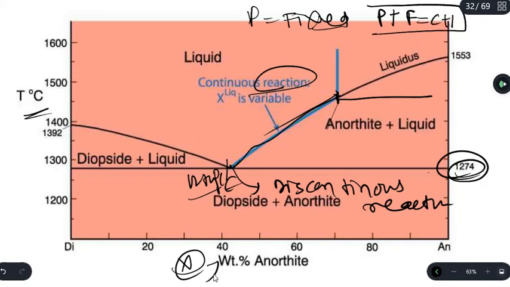P plus F will be C plus 1. Clear? Yes or no?